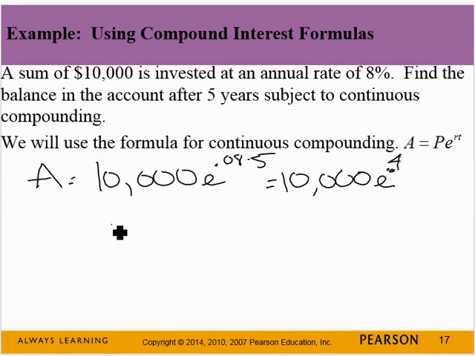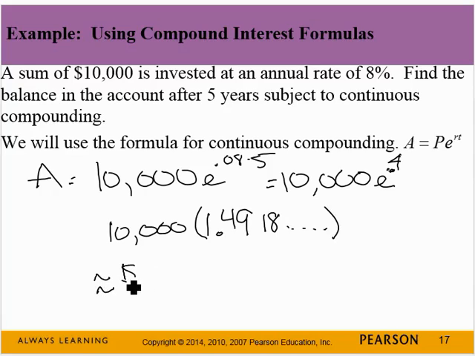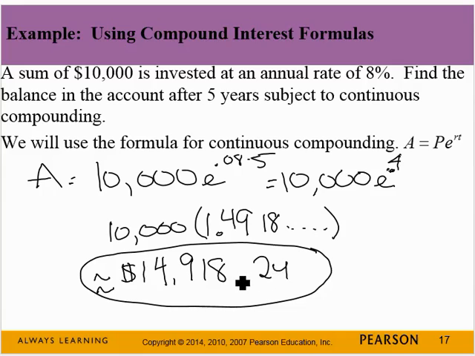Now if I plug this in, we'll have 10,000 times 1.4918, and that will continue. So this means you will end up with about $14,918.24. So that's how much money you would have after your 5 years.